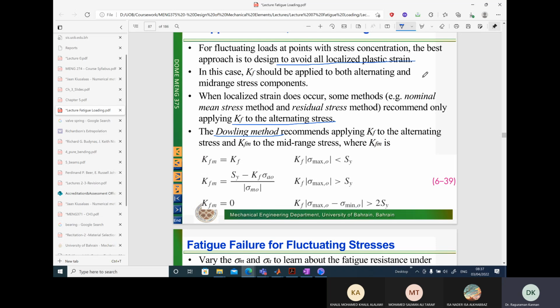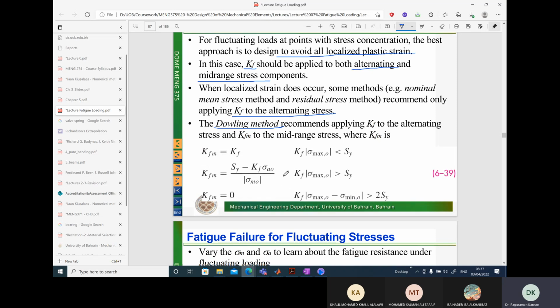So if you want to avoid any localized plastic strain, in that case, use Kf for both the amplitude of stress and the mean stress. Either we can go with this approach or with this particular approach. Either way it is okay.